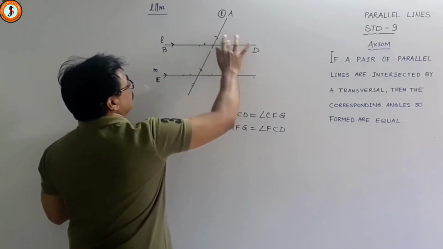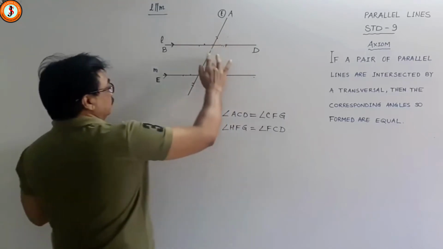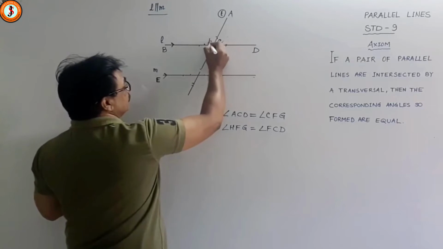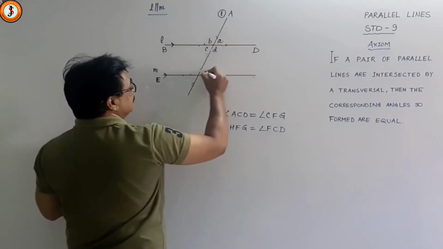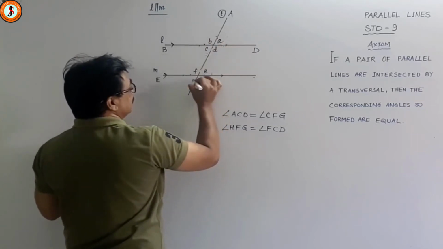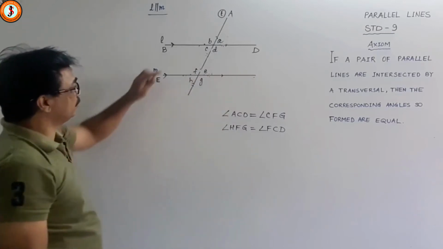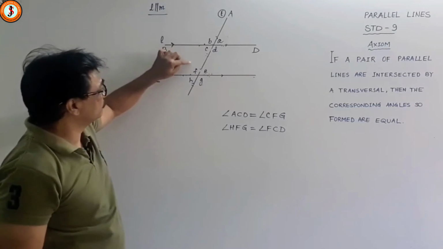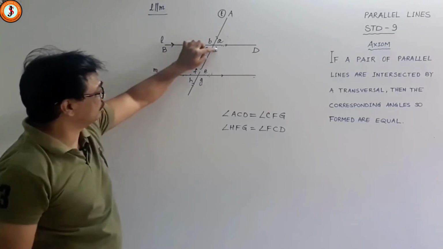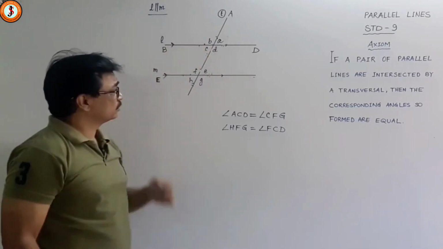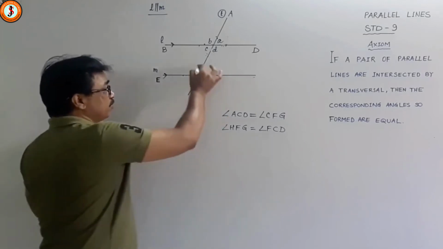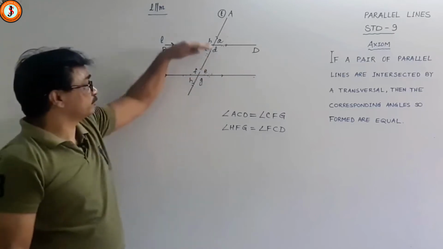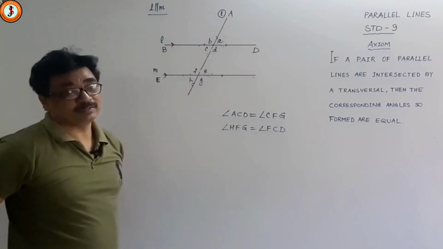Now I name it like this: A, B, C, D, E, F, G, H. So A will be equal to E, corresponding angles; B will be equal to F, C will be equal to G, and D will be equal to H. So there are four pairs. Actually this whole part corresponds to this whole part. It's only first floor and second floor, same designing.